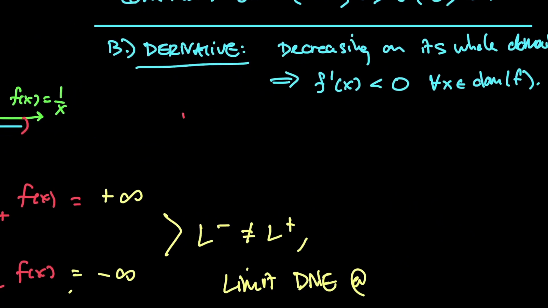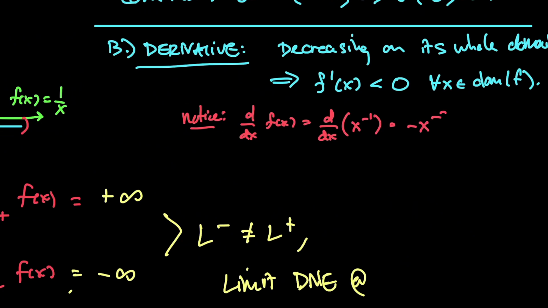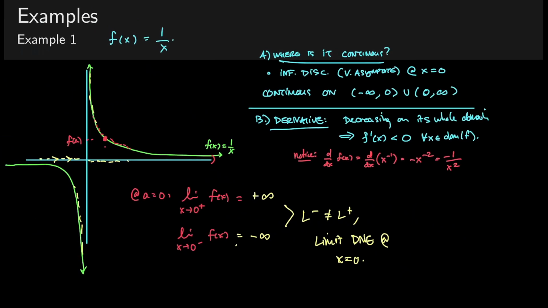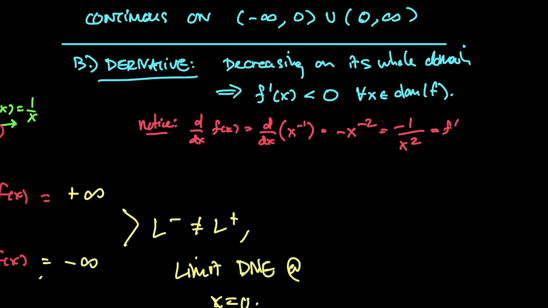So notice this, that if I take the derivative of f of x, which is the derivative of 1 over x, which is x to the minus 1, we get minus x to the minus 2, or negative 1 over x squared. So this is f prime. And what do you notice?